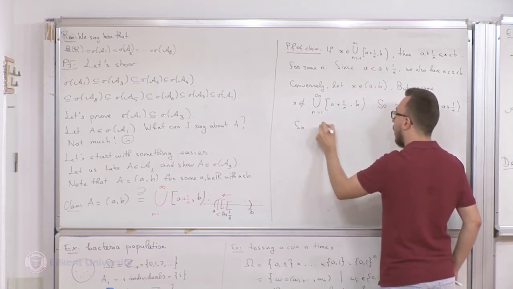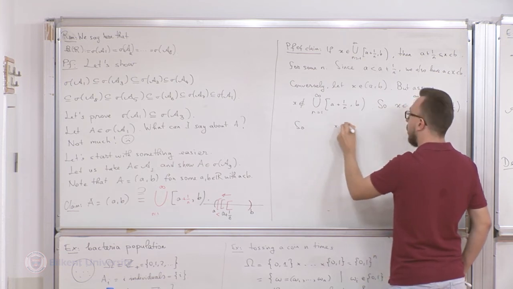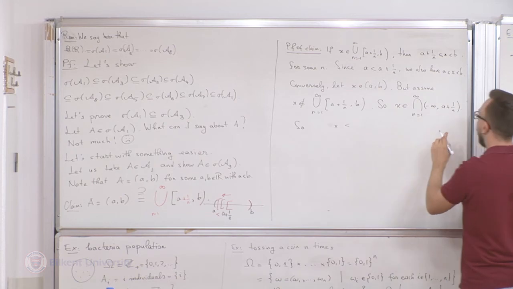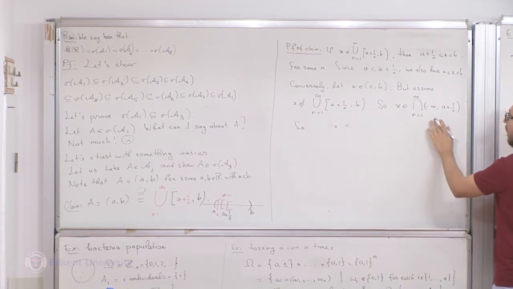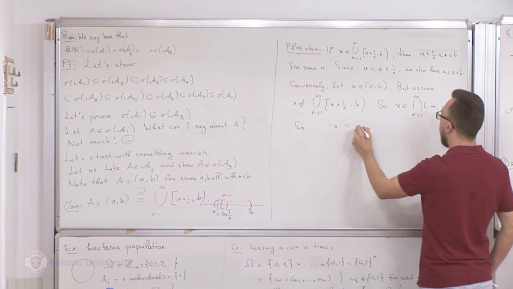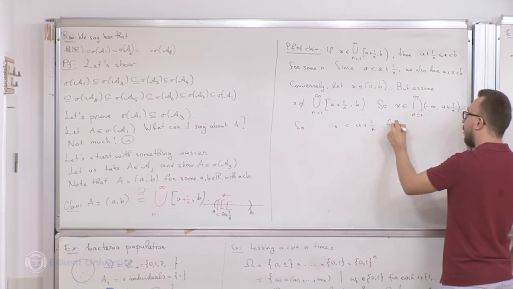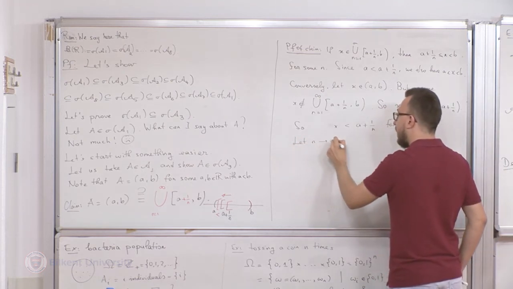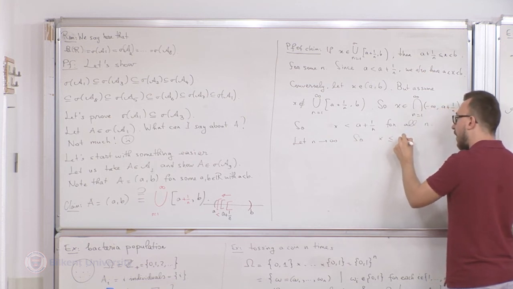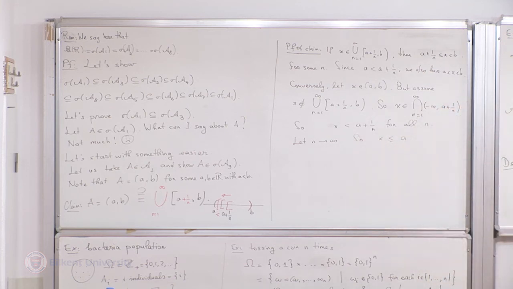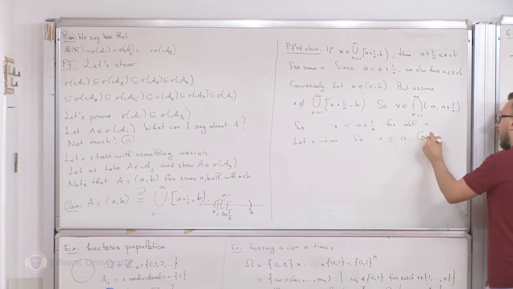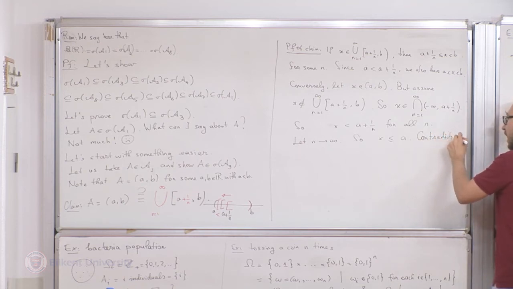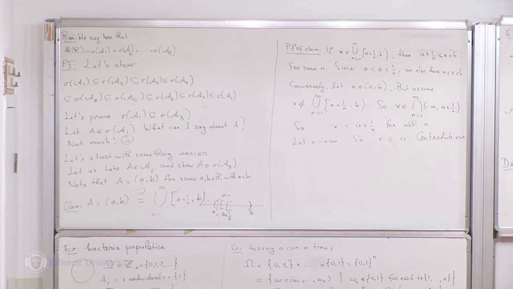So X is less than A plus 1 over n for all n. And this means if I let n go to infinity, I would get X less than or equal to A, which contradicts X being greater than A. Okay?